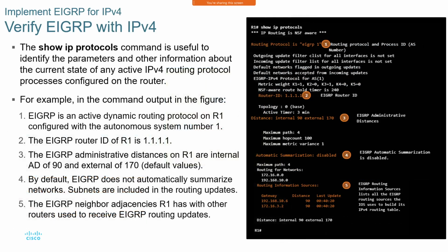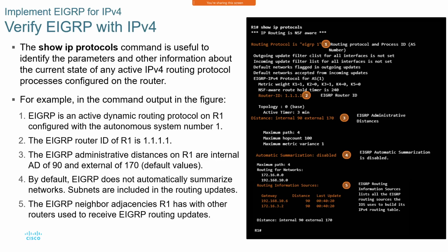Now, I'd like you guys to have a quick look at this definition. It says that the EIGRP administrative distance on router 1 are 90 for internal routes and 170 for external routes. Now, the administrative distance, guys, is a number to tell which route is better.